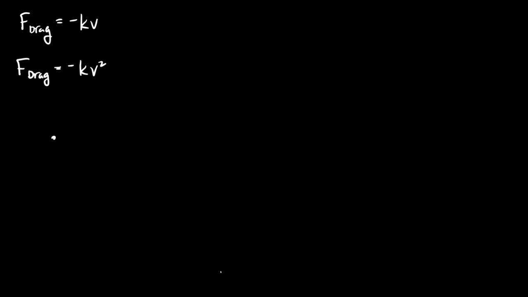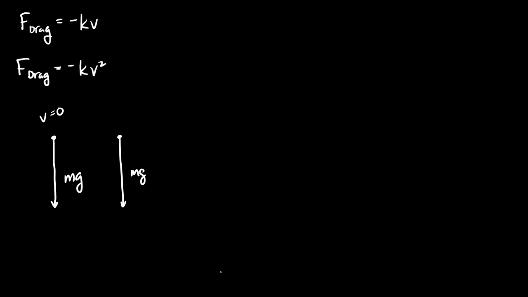For example, when we first drop an object that's experiencing drag, by saying we're dropping it, we're beginning when the object has a velocity of 0. So it experiences no drag force when it's first dropped. It's going to accelerate because there's an unbalanced force acting on it. And an instant later, because it had a downwards acceleration, it developed a velocity.